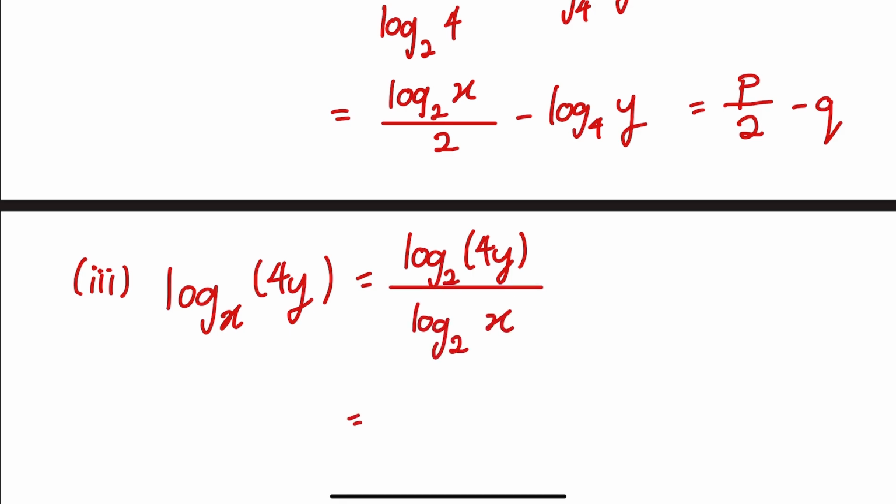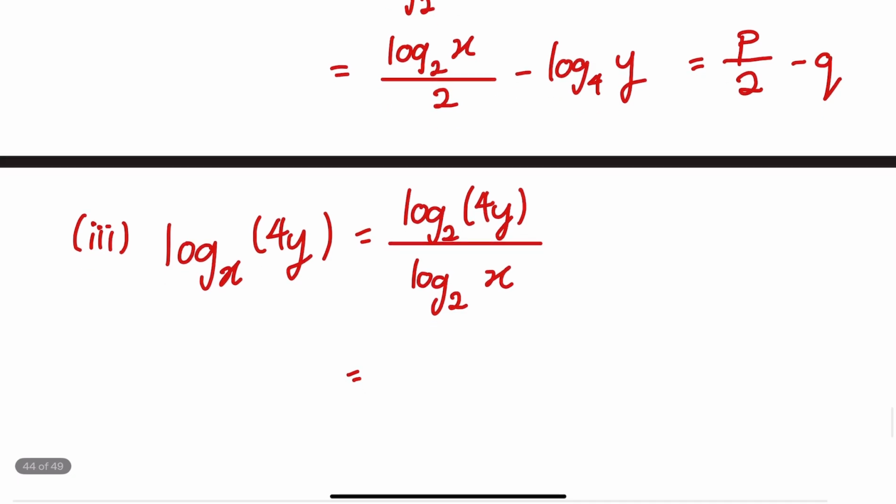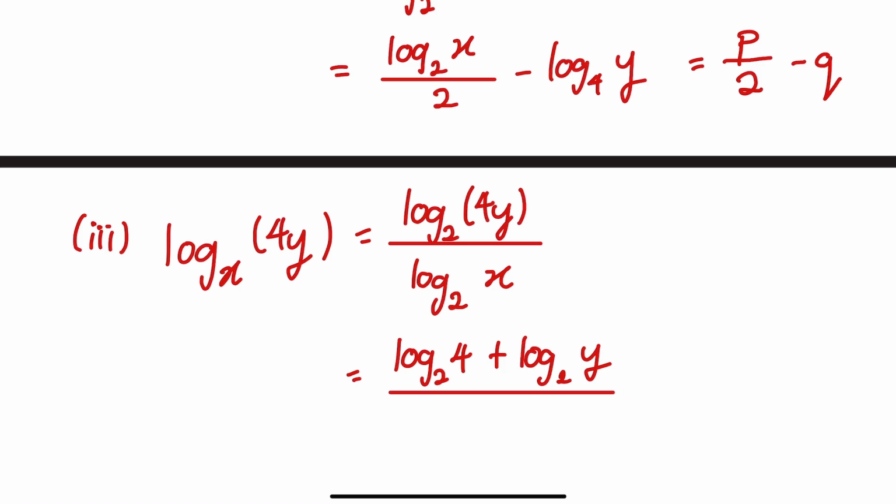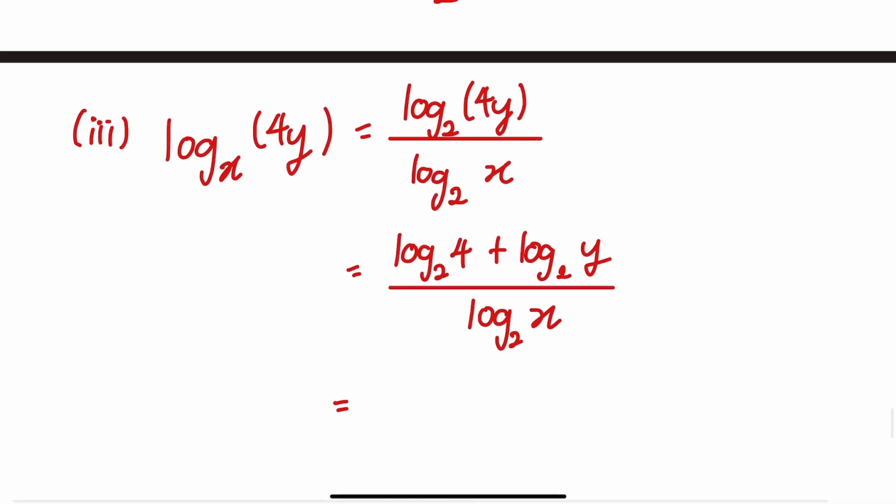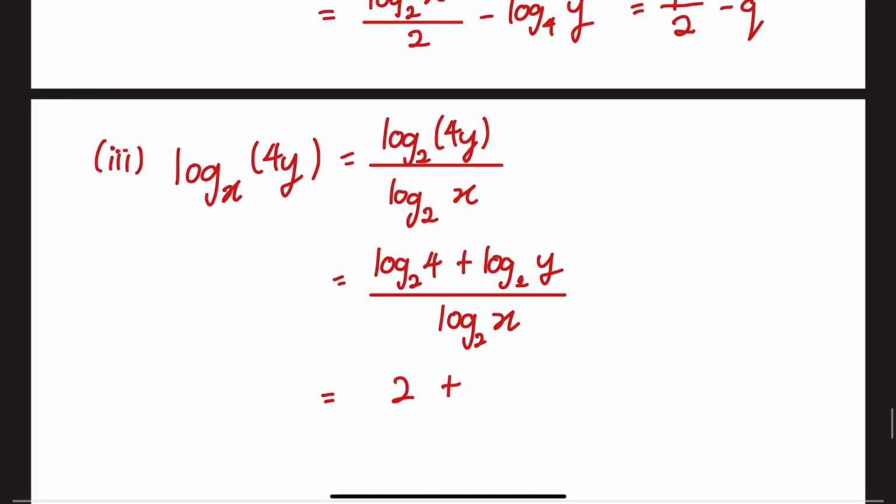Okay, then the top part I can split apart by my product law. This is log base 2 4 plus log base 2y, the whole thing divided by log base 2x. Okay, and I continue to simplify from here. Log base 2 of 4 is 2, plus log base 2y.